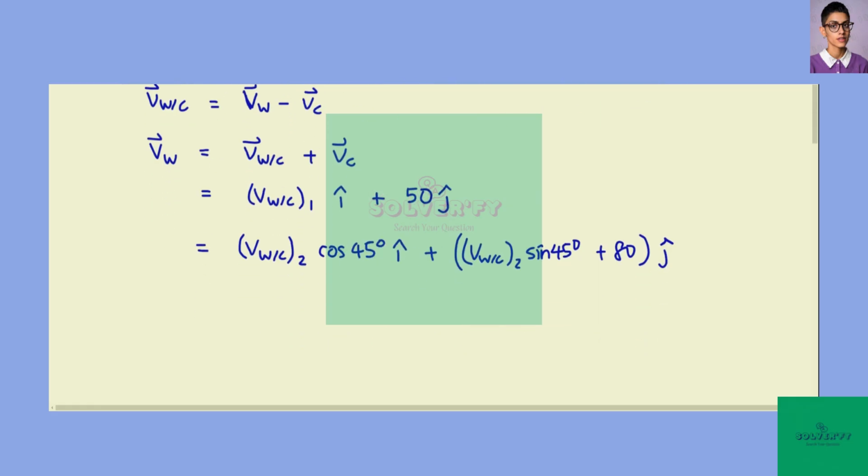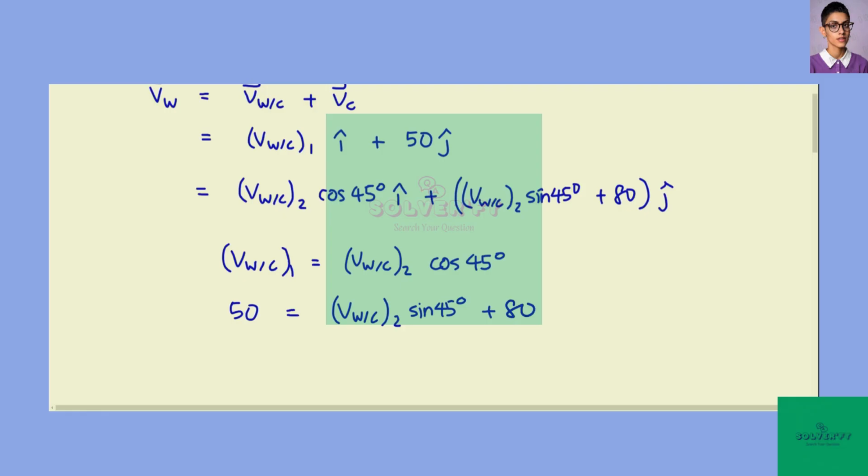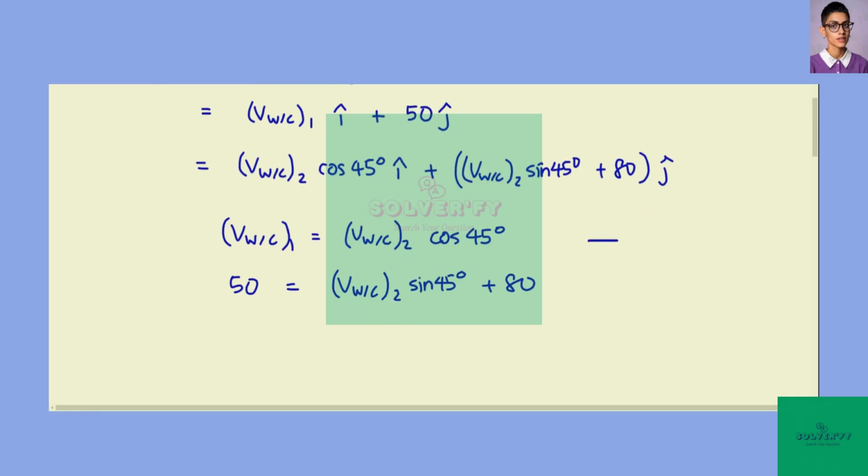So we have two equations: VW/C1 is equal to VW/C2 cosine 45 degrees, and 50 is equal to VW/C2 sine 45 degrees plus 80.